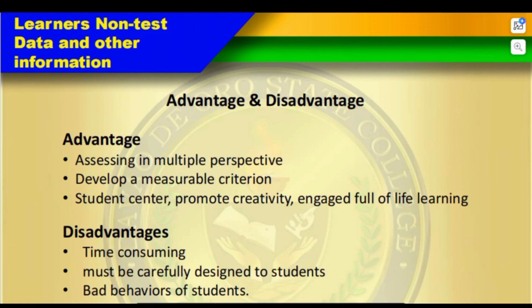We have also the communication perspective, or to assess the clarity and organization of the presentation. The third one is the collaboration perspective. Evaluate how well the group members work together to complete the project. And we have also the critical thinking perspective. Analyze students' ability to analyze and evaluate information in their presentation.